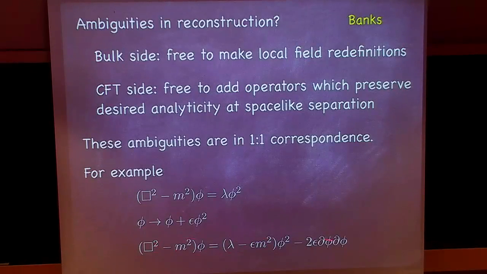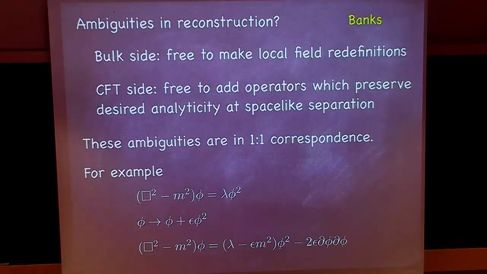If you take a theory like this in the bulk, and you calculate Feynman-Witten diagrams and take them to the boundary, they give exactly the same boundary three-point functions that you'd get starting from your original theory. So I think that's a consistent story.